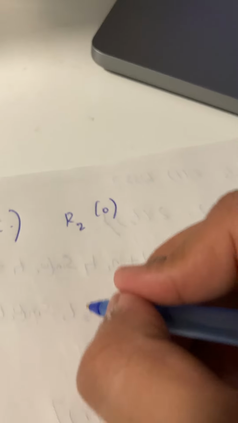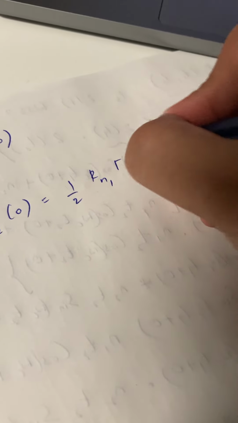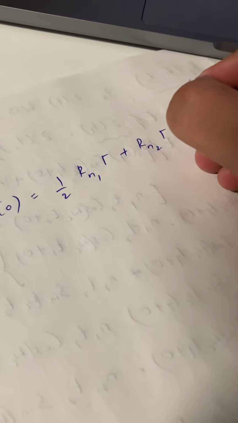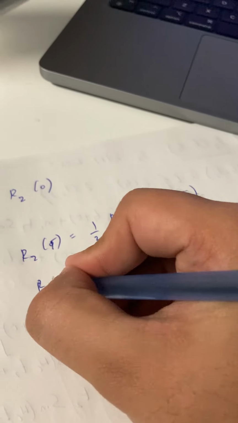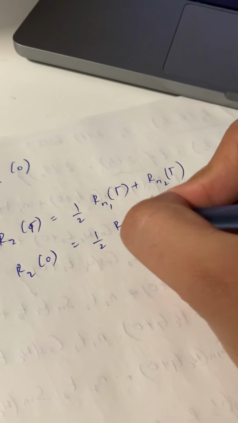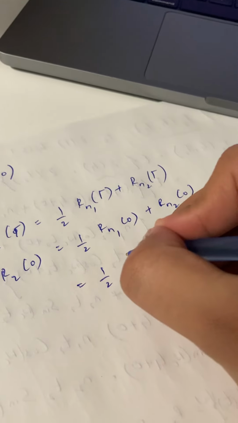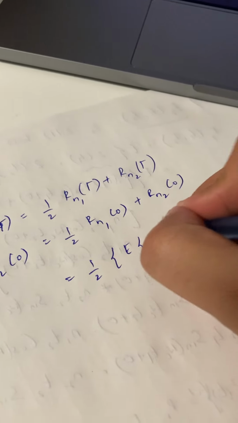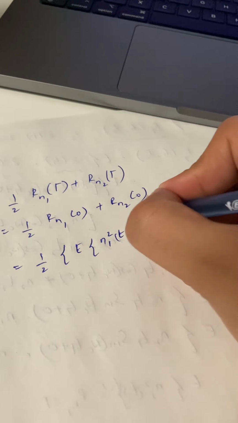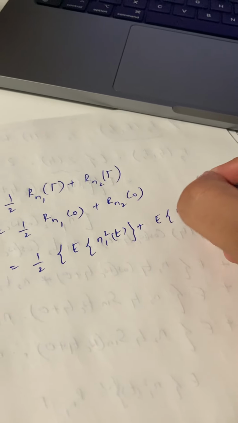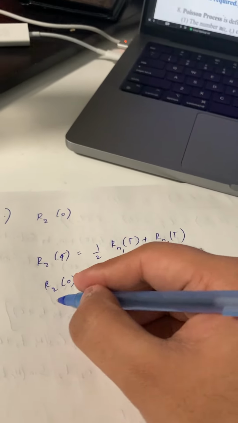From the last equation, we can see that Rz of 0 can be written as half of Rn1 of tau plus Rn2 of tau, and in this place tau is 0, so Rz of 0 becomes half of Rn1 of 0 plus Rn2 of 0, which can be written as half of E of n1 square of t plus E of n2 square of t. This is the answer for part C.